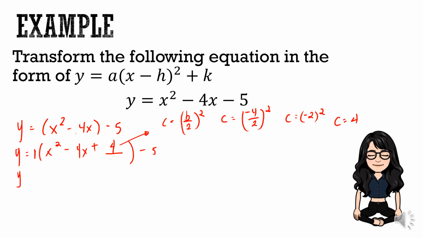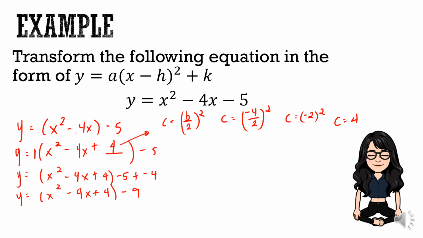So we have y equals x squared minus 4x plus 4; multiplying positive 4 by positive 1 is equal to positive 4, and the inverse of positive 4 is negative 4. So we have negative 5 plus negative 4. Negative 5 plus negative 4 is negative 9.